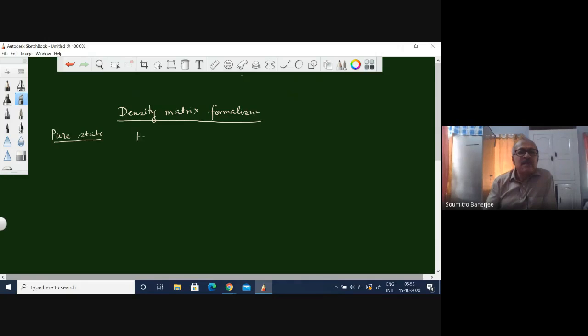So the pure state can be written as psi of t equal to a summation over n of Cn, which will in general be time dependent, on some basis, and let us consider the eigenbasis as un. So un are the eigenbasis.